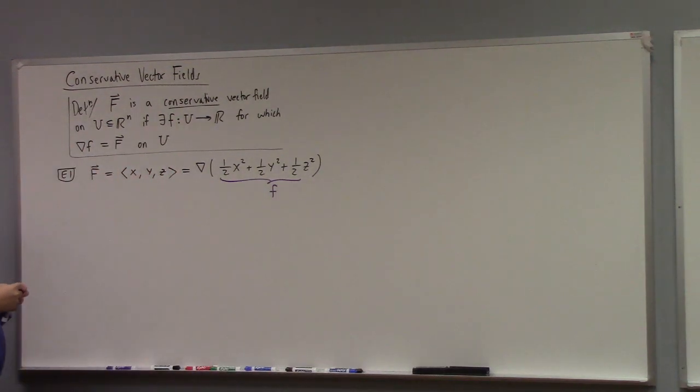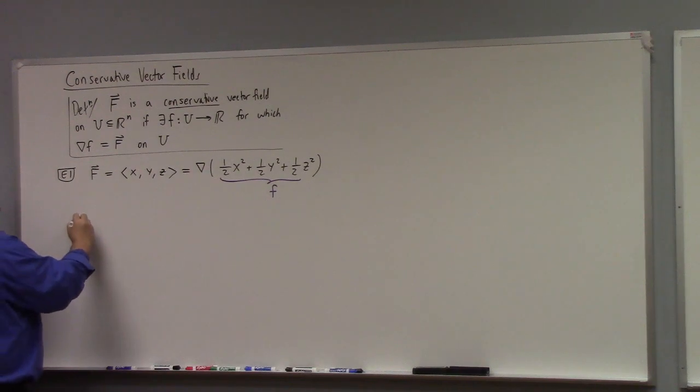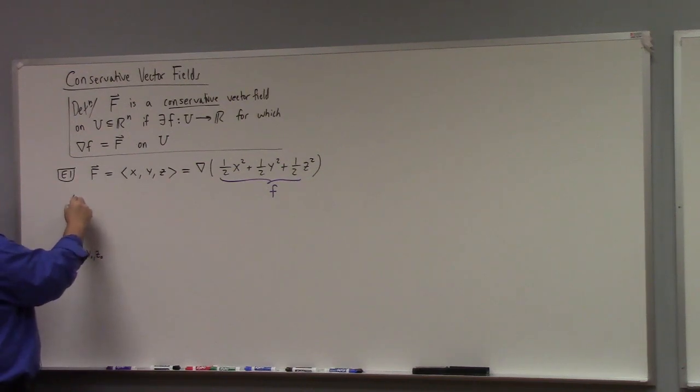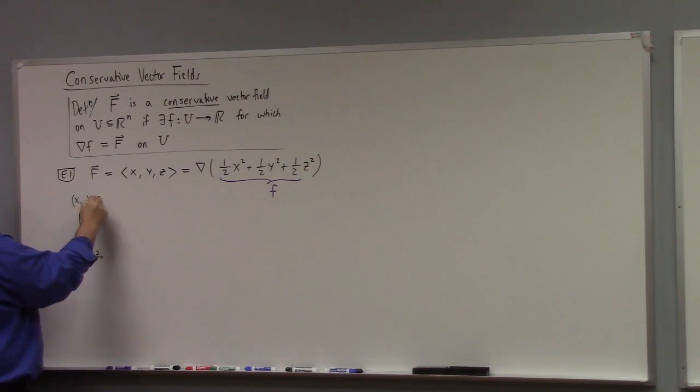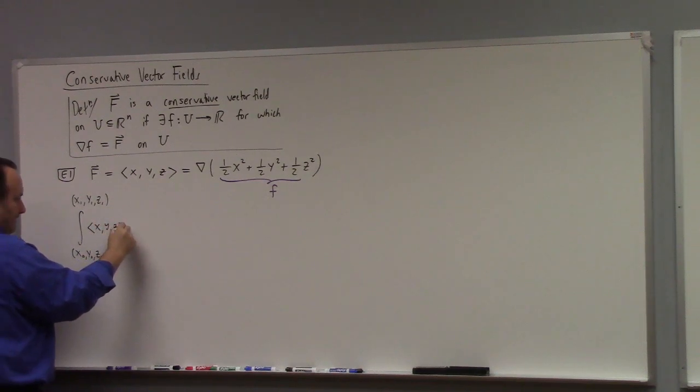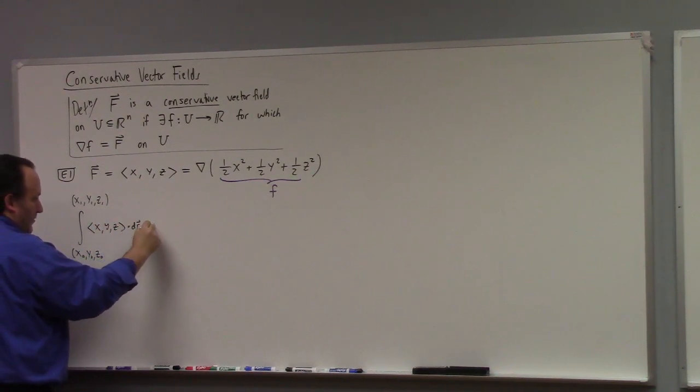And for instance, if I wanted to calculate the line integral from the point, say, x naught, y naught, z naught, to the point x1, y1, z1 of F dot dr, what would it be equal to?